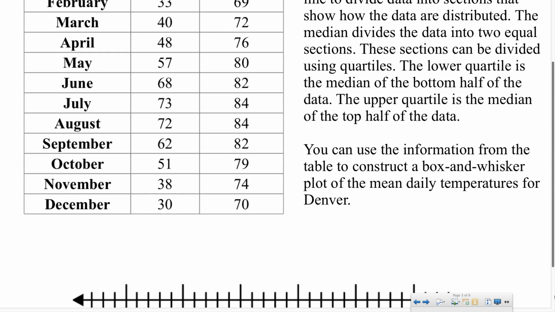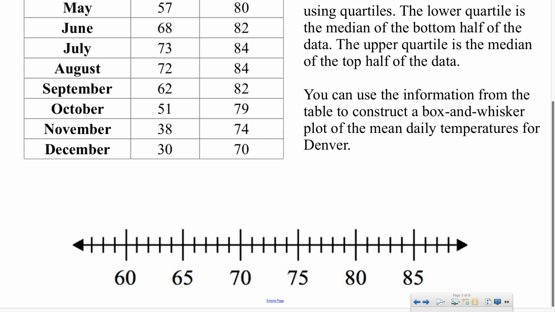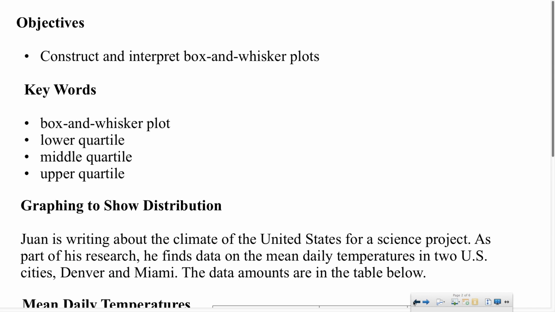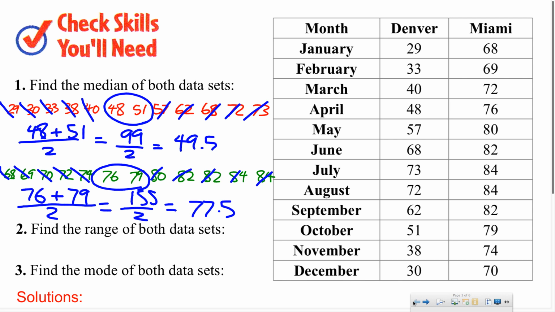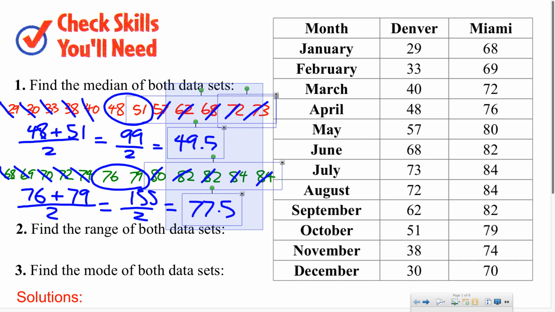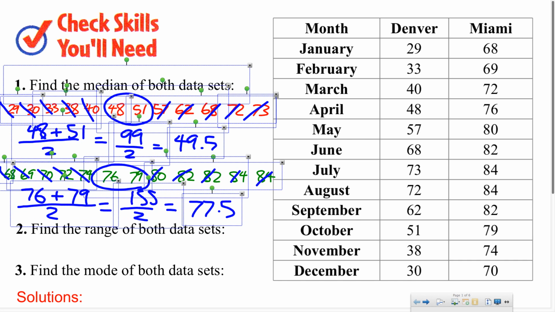Okay, so I have a number line here. I'm going to go back to the warm-up, and I'm going to copy that data that we have, okay? So this data that we have from earlier, let me go ahead and copy it. Make sure I got it all. I think I got it all.